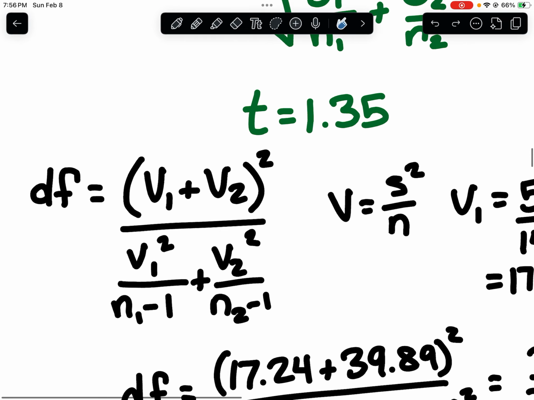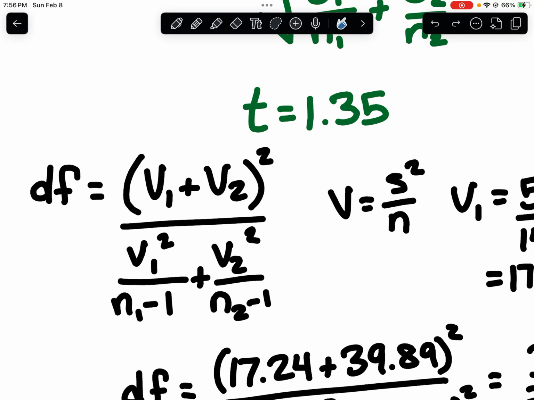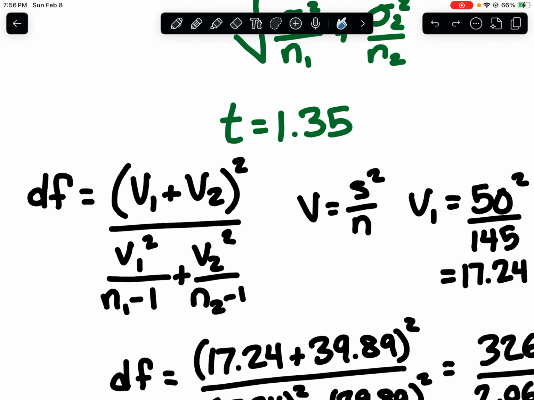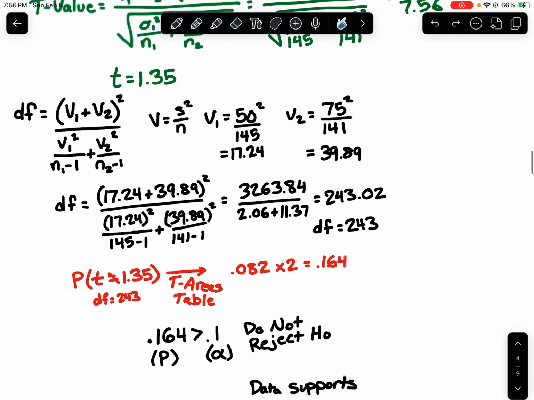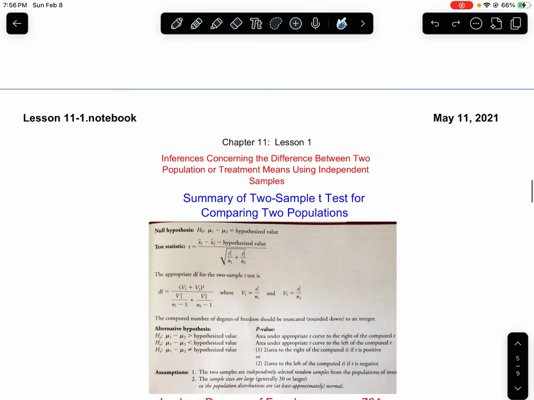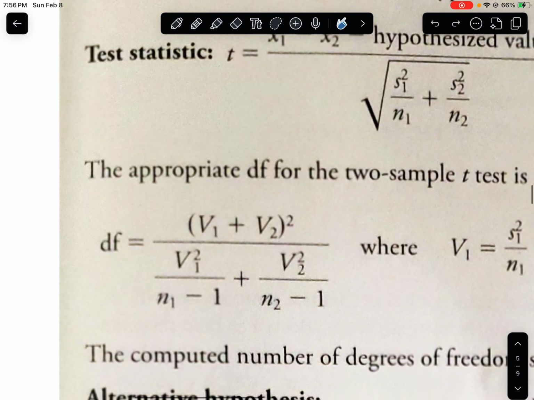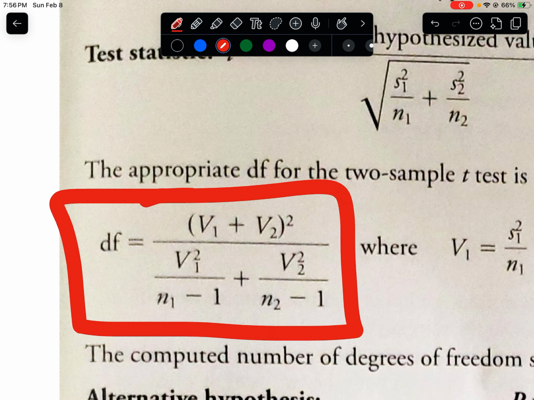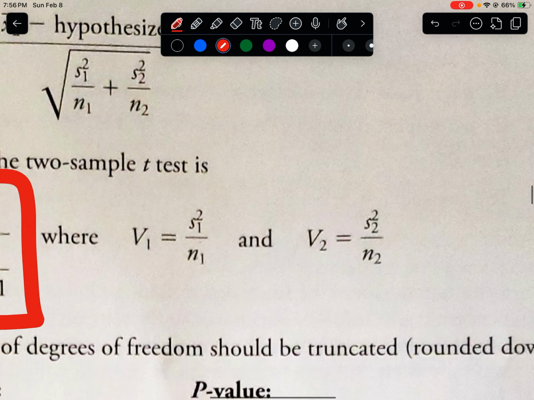So we have an entirely different formula for degrees of freedom, which is v1 plus v2 squared over these two little fraction things: v1 squared over n1 minus 1 plus v2 squared over n2 minus 1. Don't worry about necessarily scribbling that down. It comes up a little later in our notes. We probably should have put these in a different order here, but this piece right here is your degrees of freedom formula.